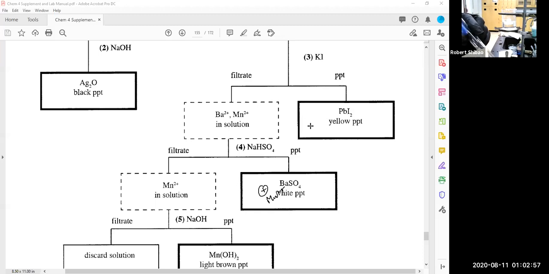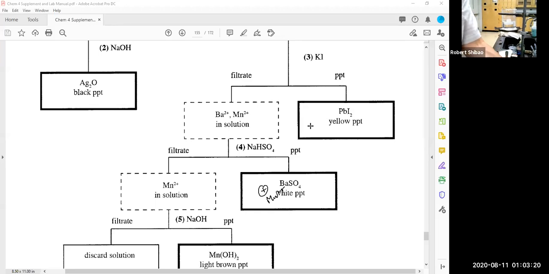We're going to test unknown B for the cations next, but I think our cations are a bit simple, only having one cation. And so actually, we'll go ahead and do that right now. So I have unknown B here.